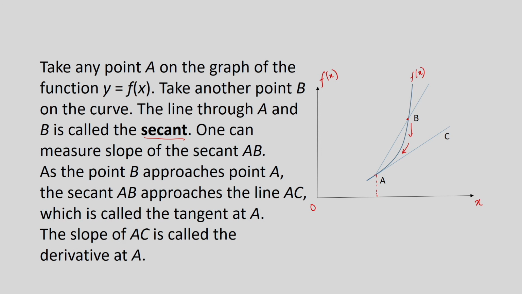And so, AC will be called the tangent of the curve at point A, and the slope of AB will become the slope of AC, and the slope of AC is called the derivative of the function at point A. Okay.